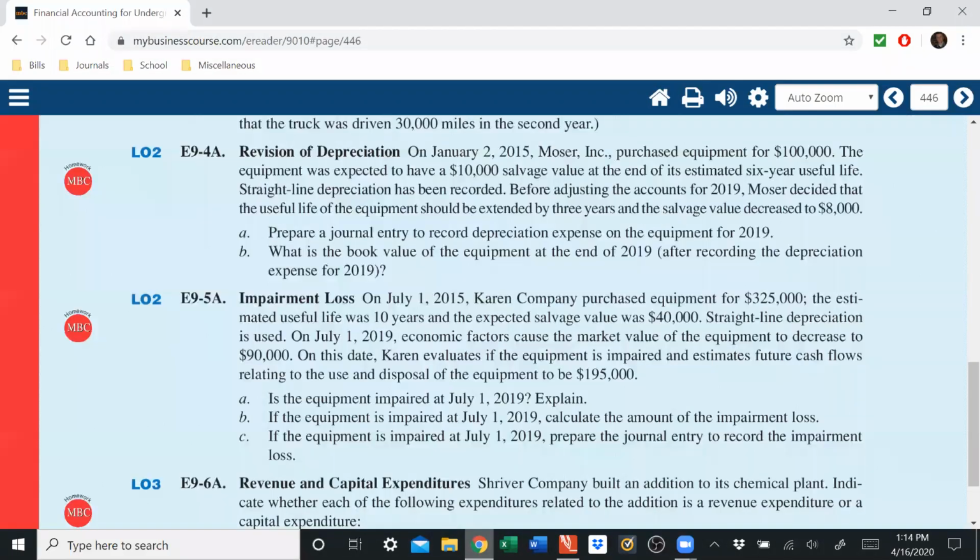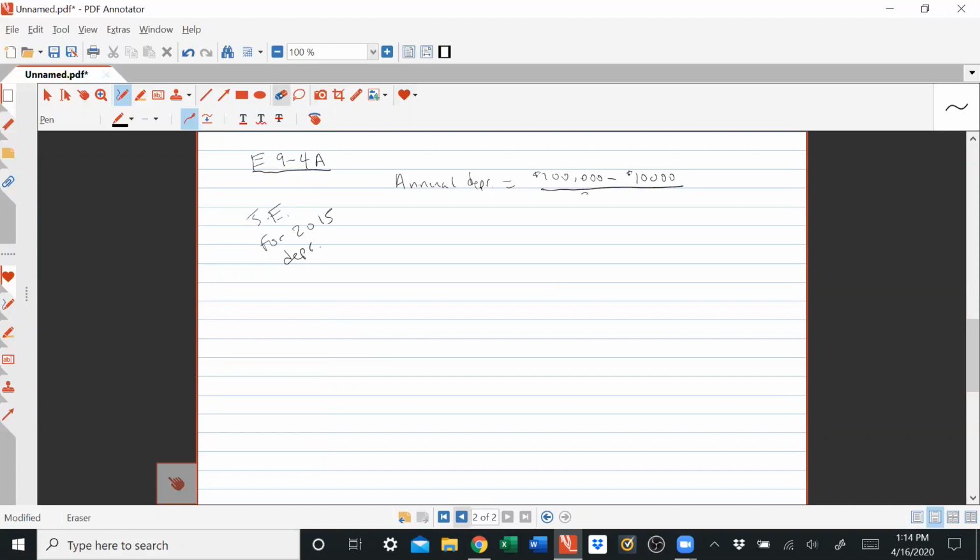What was the useful life? 6 years. Originally it was 6 years. So that implies that each year depreciation will be $90,000 divided by 6. What's that? 15,000 a year?